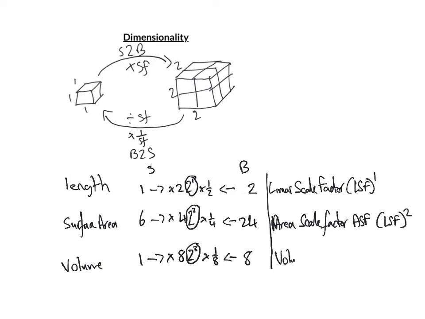This is the volume scale factor, or VSF, and that is the linear scale factor cubed. So what this shows us is that we now have a link or relationship that connects the various scale factors through the dimensions via the linear scale factor. And that's how we work out most of these questions.